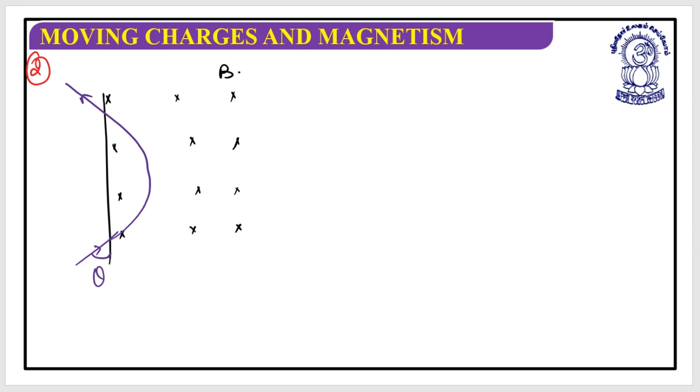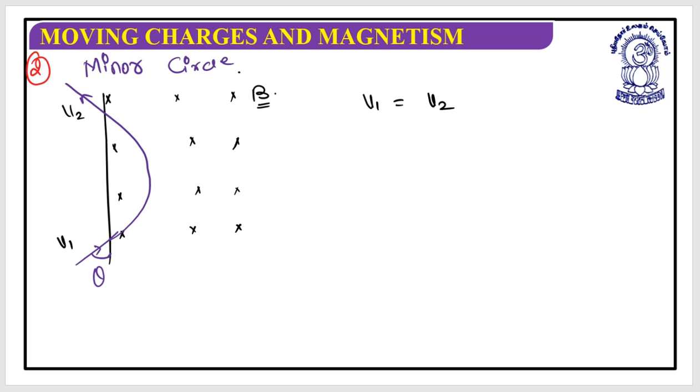We call this a minor circle. This is the magnetic field B. Now let's suppose this is v1, this is v2, then this velocity and this velocity would be the same, that we understood.